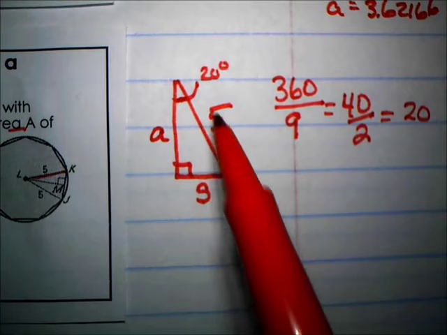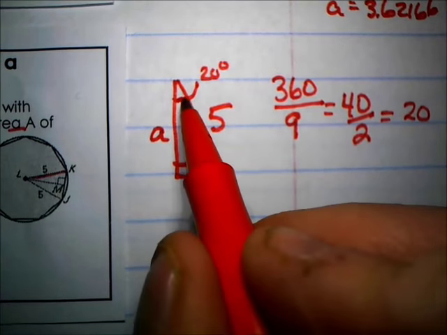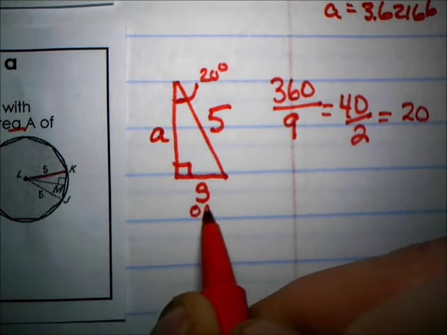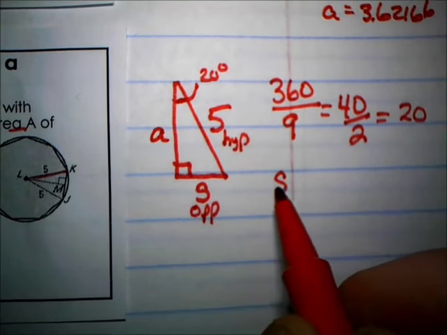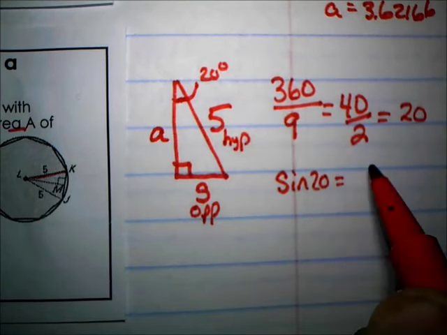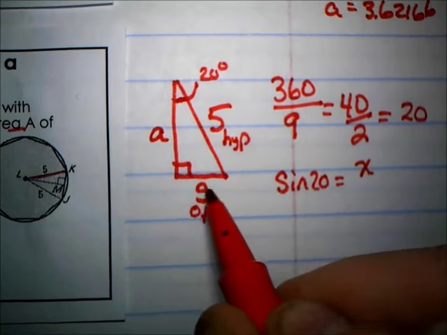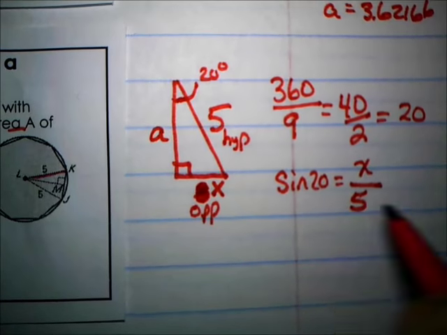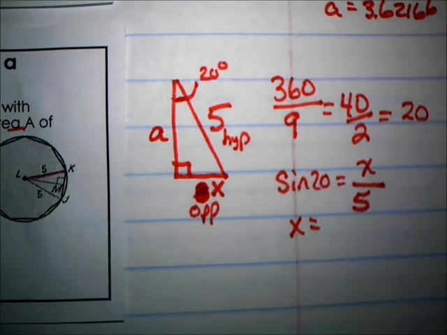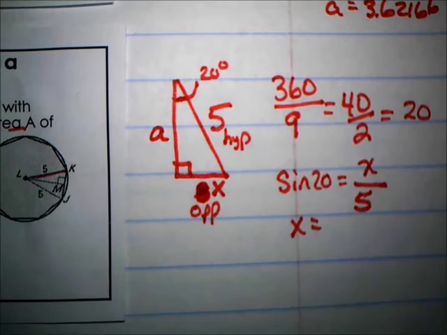So if I'm first finding the perimeter, straight across from the 20 is the opposite and the 5 is my hypotenuse, so that means I'm going to use the sine ratio of 20 equals, I'm going to make that actually an x because that looks kind of funny with an s there, over 5. So that means x will equal 5 sine of 20.